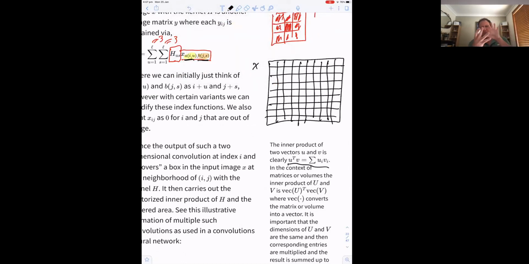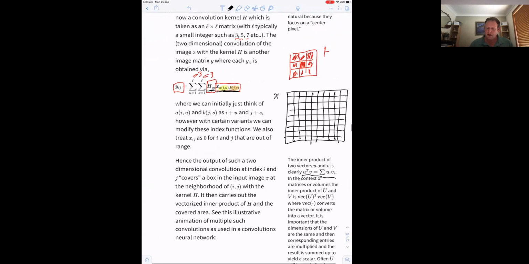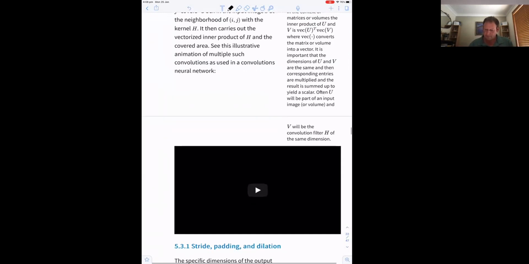When we're speaking about matrices, because H is a matrix and this subset of X is a matrix, you just multiply and add every corresponding entry. It's very simple, and the same will be true for volumes. That's how you do two-dimensional convolutions. There is a proper two-dimensional convolution which does flipping and maintains commutativity, but it's not important in convolutional neural networks.